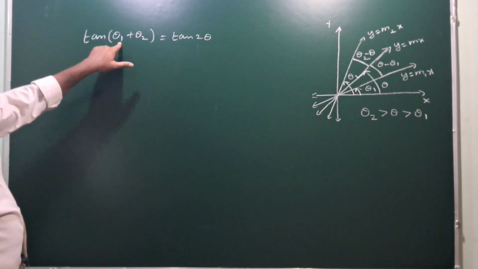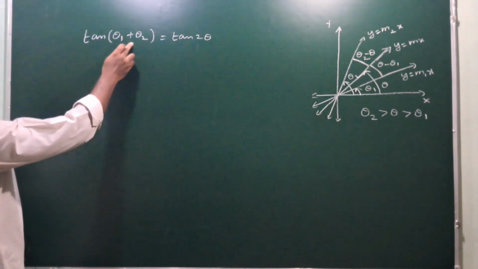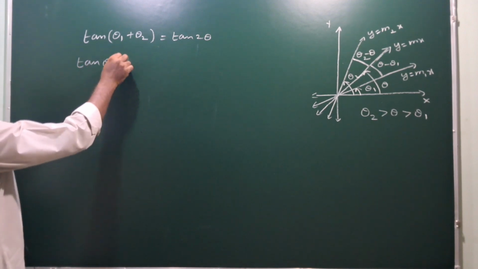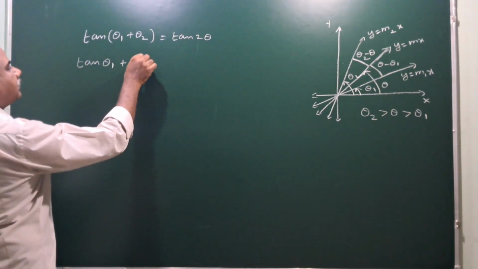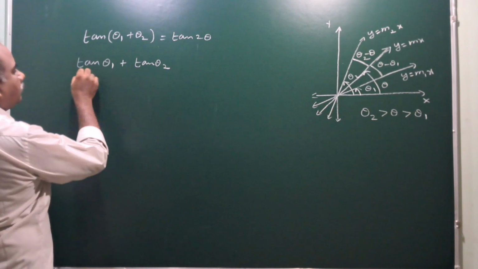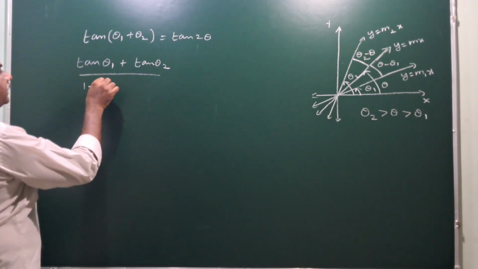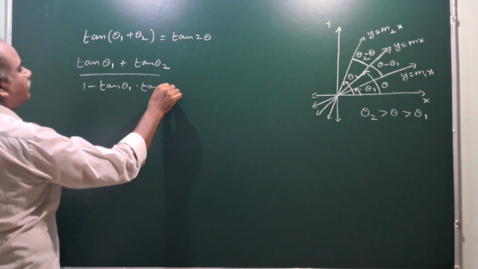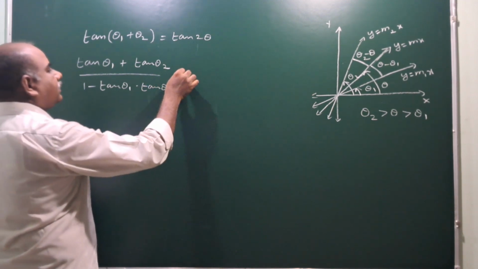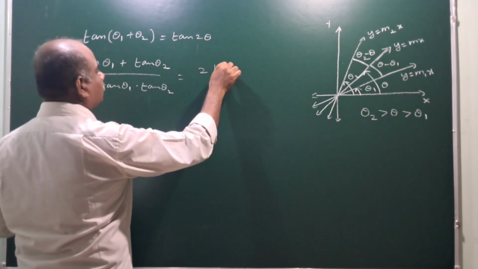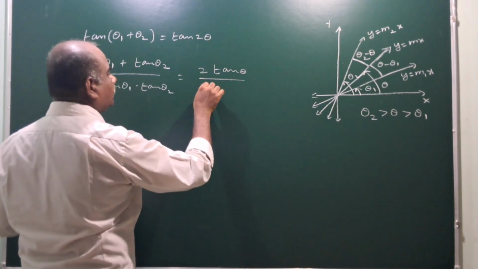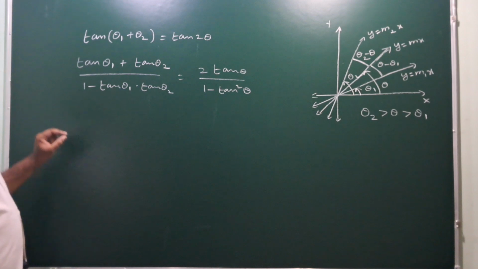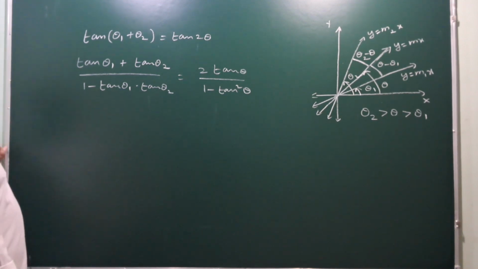Let us say this is A and this is B. Then we have the formula: tan of A plus B is tan A, that means tan theta 1, plus tan B, that means tan theta 2, by 1 minus tan A into tan B, that means tan theta 2. Here tan 2 theta, we have the formula: 2 tan theta by 1 minus tan square theta.